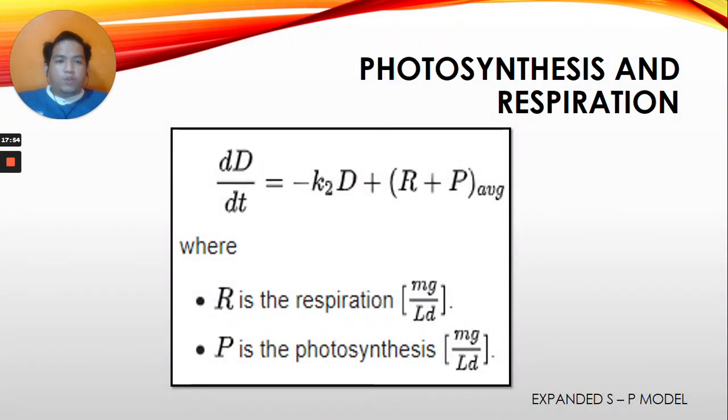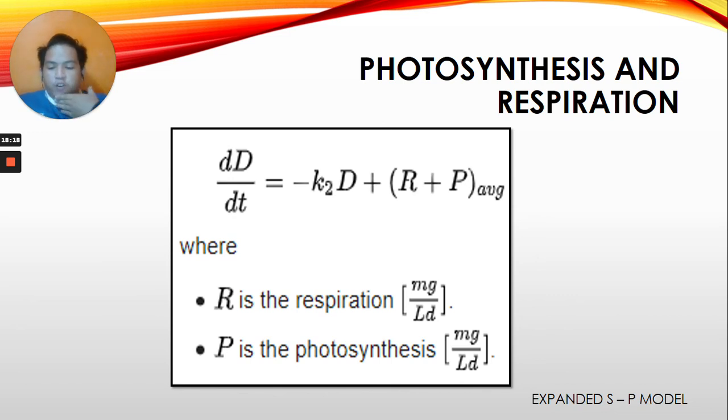Next one is the photosynthesis and respiration. On those two processes, they also require oxygen, right? So the oxygen demand is being depleted somehow. Also, they are performed by algae and macrophytes.